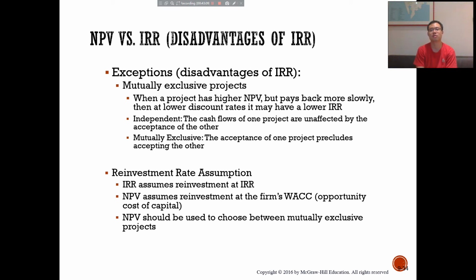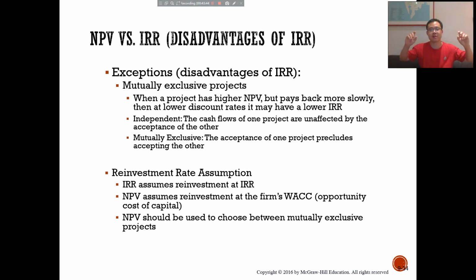The mutually exclusive projects here are also related to the reinvestment rate assumption. Like I said, the IRR calculation is similar to the calculation of yield to maturity. So it assumes reinvestment at the IRR. It is an implied average yearly return for every period during the project's existence.